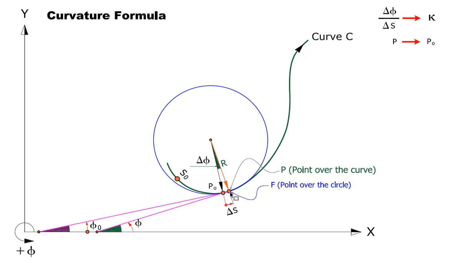So if this point P over the curve gets closer and closer to P0, delta phi over delta S will approach the instantaneous curvature at this point. So saying that P approaches P0 means that delta S is getting close to 0. And now we have delta phi over delta S approaching the instantaneous curvature.